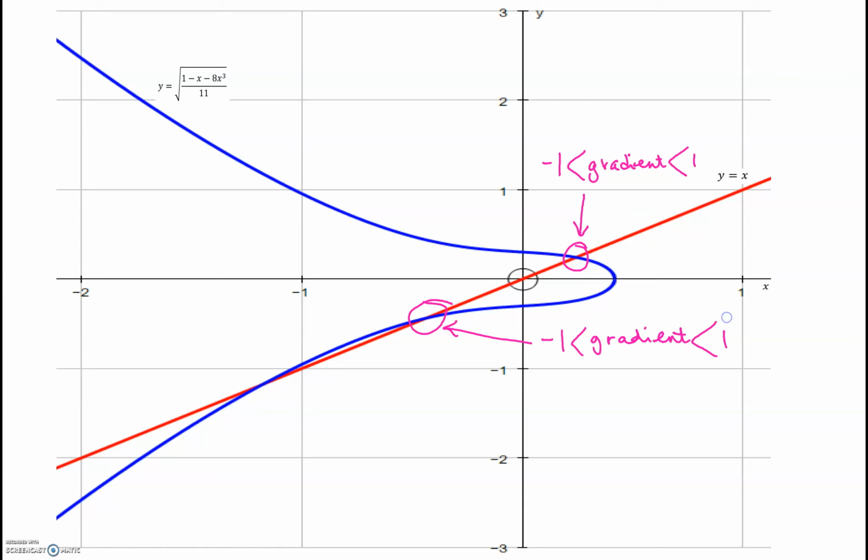But if we consider this root here, this point of intersection here, you can see that the blue curve is cutting across the y equals x line, and so the gradient here is greater than 1. And so the method of using the fixed point iteration with the particular rearrangement doesn't work at that point.